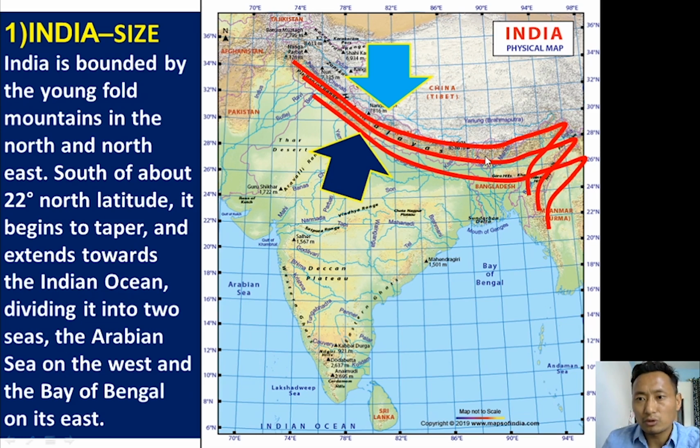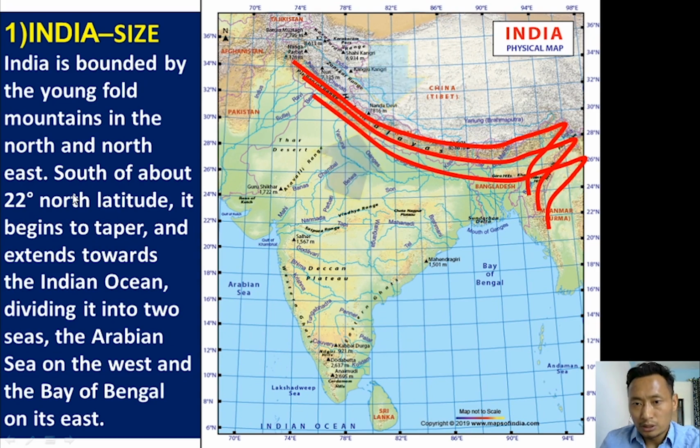So these mountains are also called fold mountains, since these two tectonic plates collide and the Himalayan mountains are formed because of folding of these two tectonic plates, in the north and northeast.